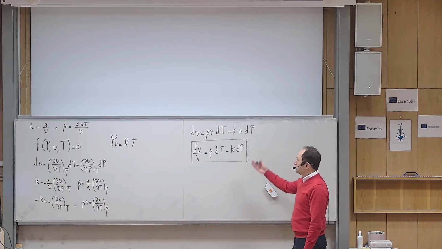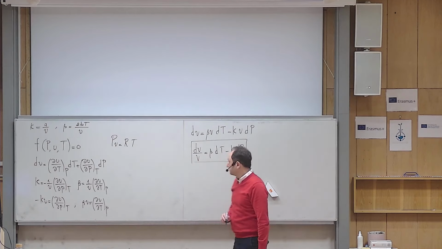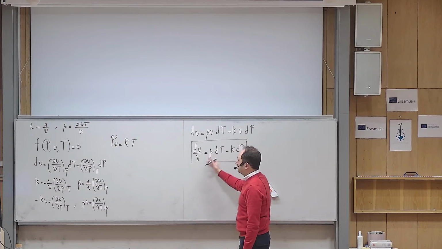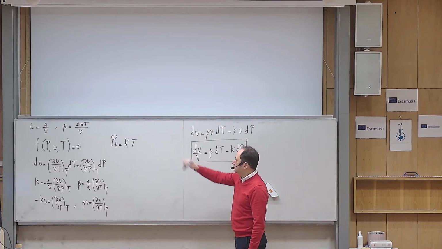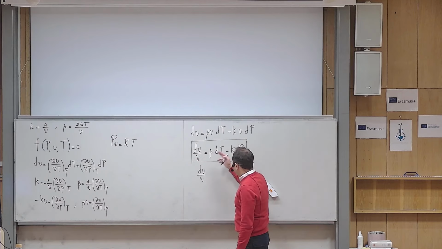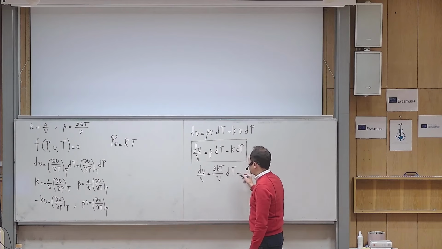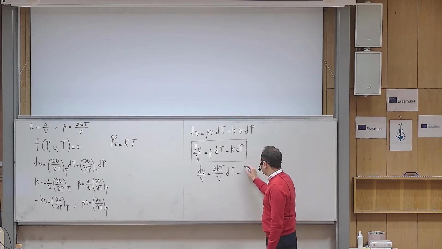Okay, now I use those pieces of information to solve my problem here. So instead of beta, I can put 2b times T over V. Let me write it here. So this is completely generic. Now I use the pieces of information provided in the problem. Instead of beta, I put 2bT over V dT minus, instead of kappa, I put a over b dP.